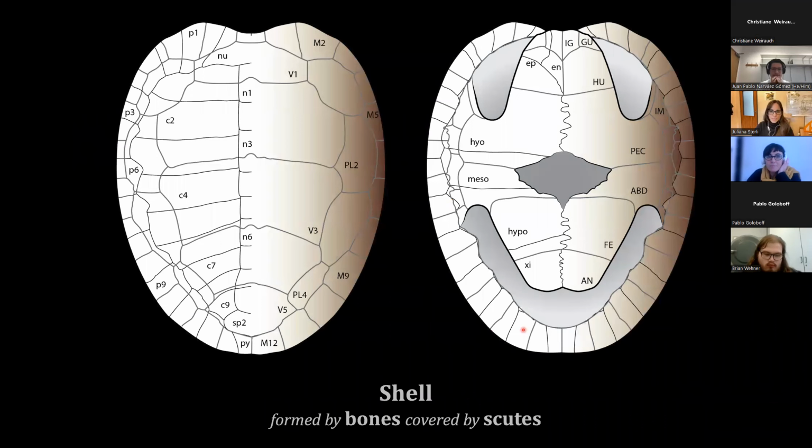I guess that everybody knows that turtles are amniotes that are characterized by the presence of a shell. This shell is around the thoracic region in the body, and the shell is composed by bony plates that are covered by scutes. This shell, of course, had some impact in different systems in the organism.